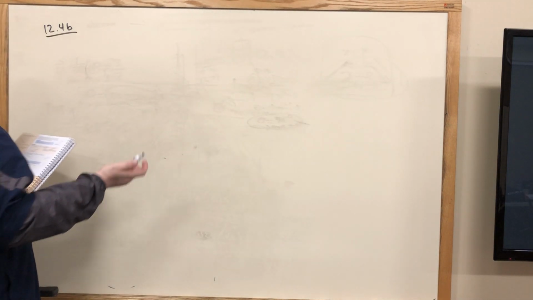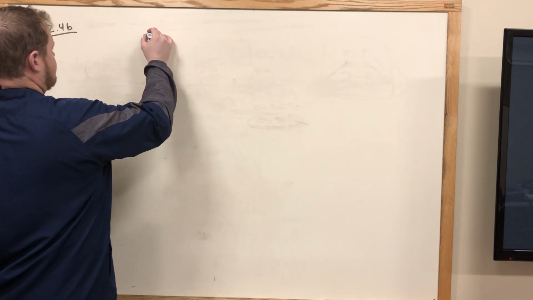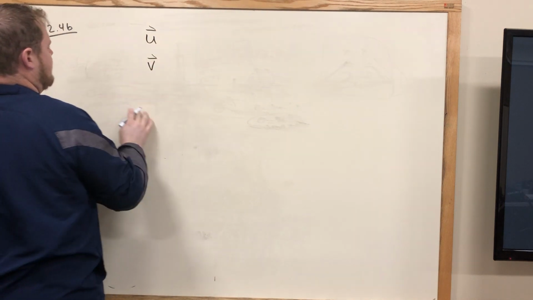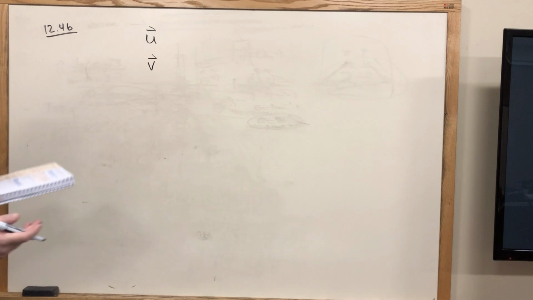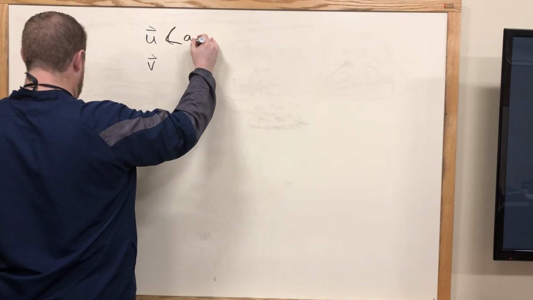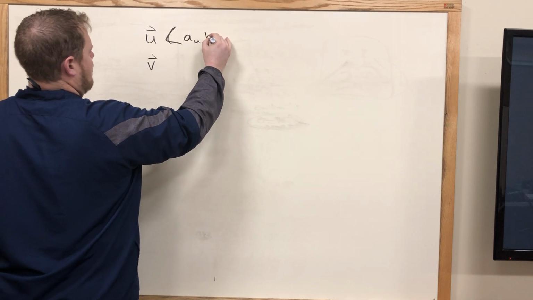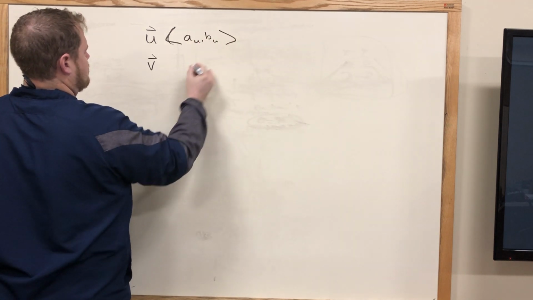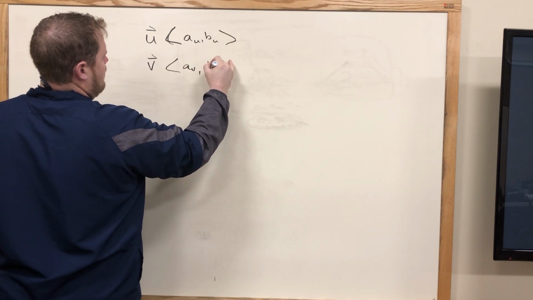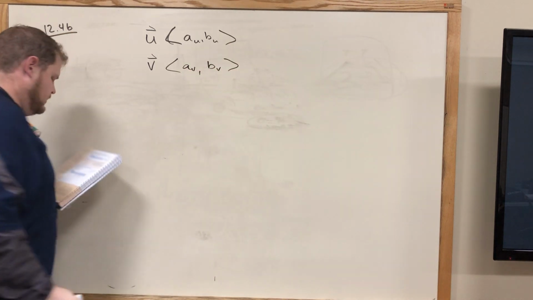So if I have u and I have v, those are our two vectors. Remember, u is the arrow A, it would be AU and BU, and vector v is AV and BV. Okay, so there's our two vectors.